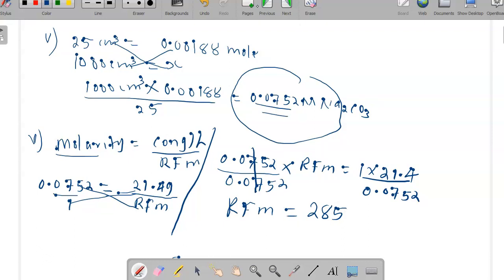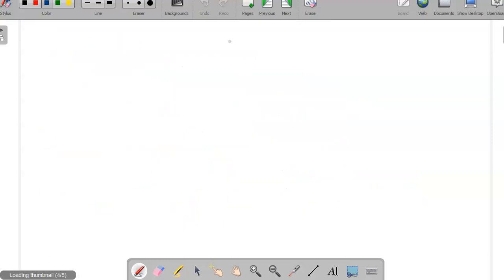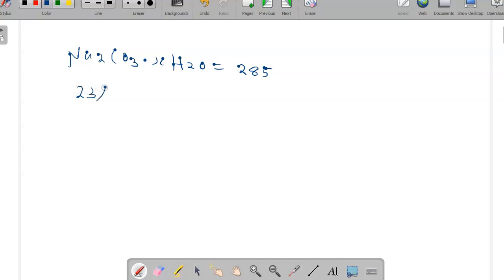To get the value of X, let me open a new page. To get the value of X, this is what you do. We have sodium carbonate dot X molecules of water. That's the compound that we have. It is equal to the RFM, which was 285. So sodium is 23 according to the bracket. 23 times 2.